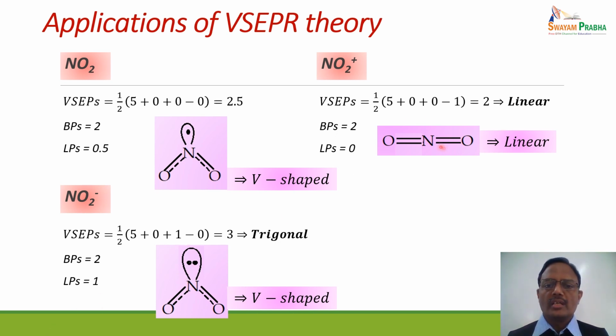Now if we see these 3 structures, there is no lone pair on nitrogen in one, a single unpaired electron on nitrogen in another, and 1 lone pair on nitrogen in the third. The positively charged species as well as the negatively charged species are diamagnetic in nature because of no unpaired electron, while the molecular NO2 is paramagnetic in nature due to the unpaired electron.